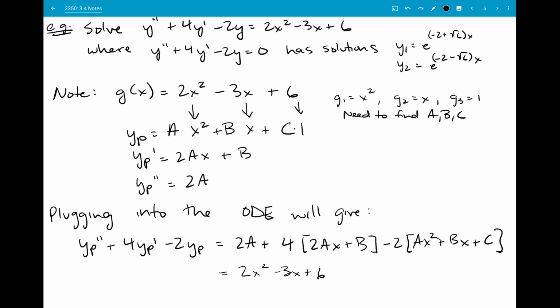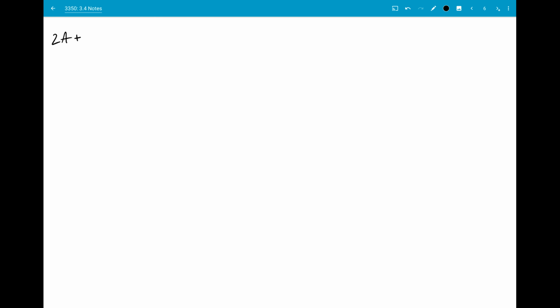So in order for that to happen, what I'm going to need is, let's see, I've got 2a plus 4 times (2ax plus b), so that's 8ax plus 4b.